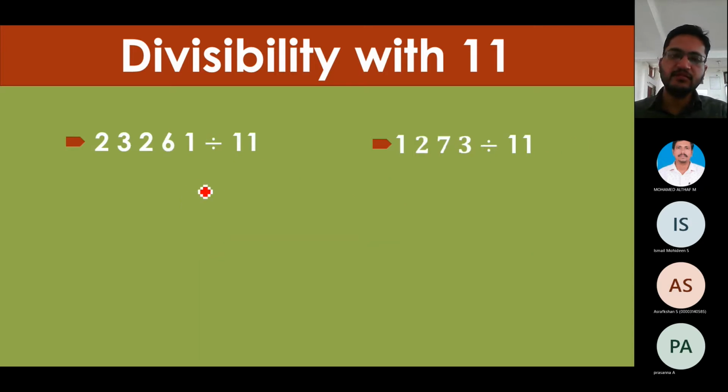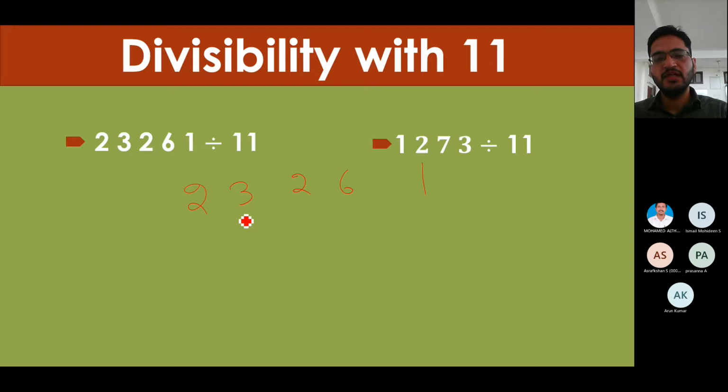Next is one more example. 2, 3, 2, 6, 1. Now this 2 as it is. Now 3 minus 2, that is 1. Next step, 2 minus 1, that is 1. Next step, 6 minus 1, that is 5. Now this is a very important step.